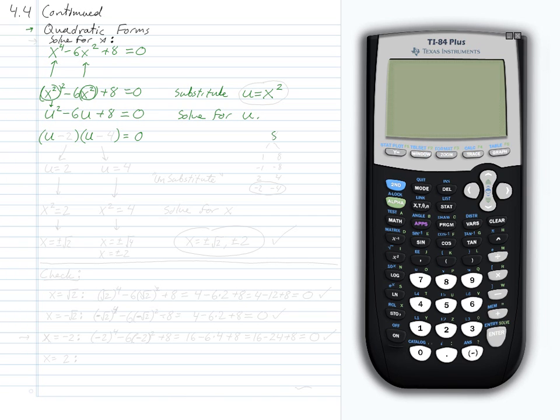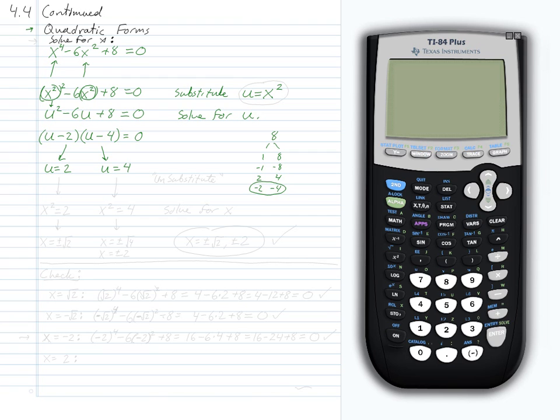So off to the side, we could do 8 as 1 and 8, negative 1 and negative 8, 2 and 4, negative 2 and negative 4, and I think that last pair is our winners. So minus 2, minus 4, and that's our factorization. So now we can solve for u. U is going to be positive 2, or u is going to be positive 4.